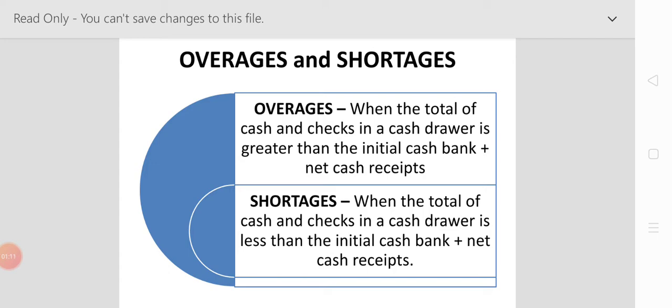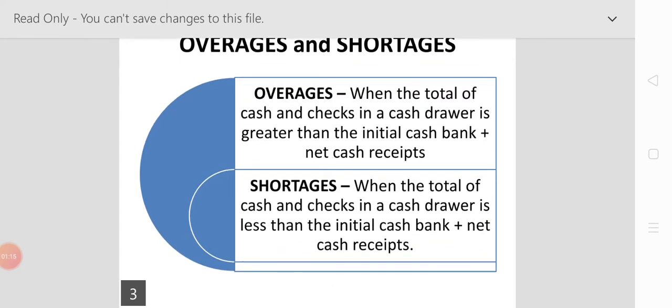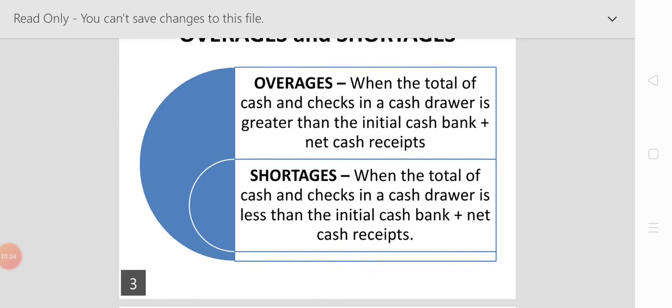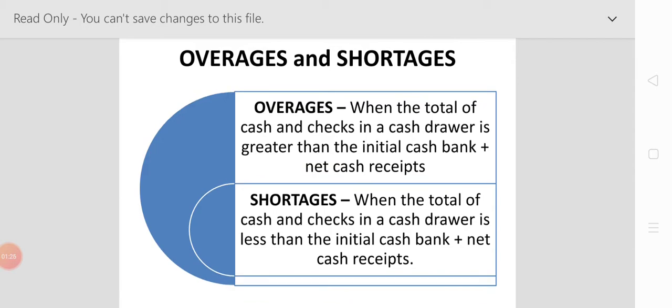Now next is the shortage. When the total of the cash and checks in a cash drawer is less than the initial cash bank plus net cash received, it is called the shortage. I will give you an example.